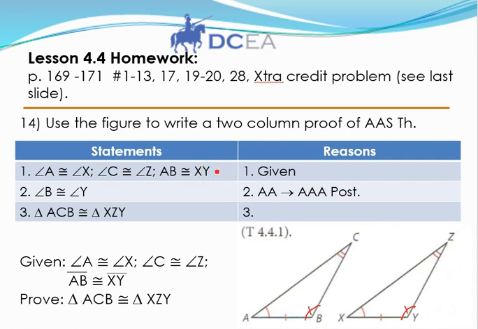Now we have all of our angles proved. We have one side proved. We can state by what we've learned, that triangle ACB is congruent to triangle XZY, and that is because of the angle angle side theorem. Okay?